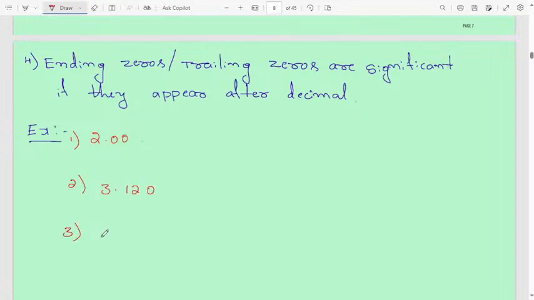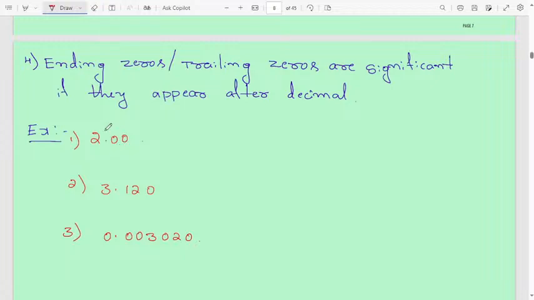Then the third example, 0.003020. Here the fourth rule is telling us ending zeros are significant if they appear after the decimal.